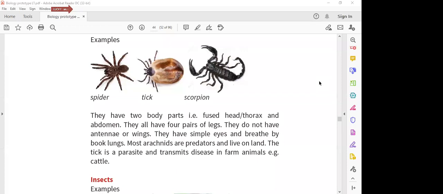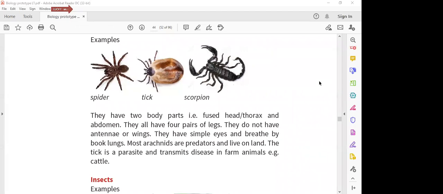So they also have 2 main body divisions, like the crustaceans. And the difference between them and the crustacean is the 4 pairs of legs. Previously we saw 5 pairs of legs for the crustaceans.